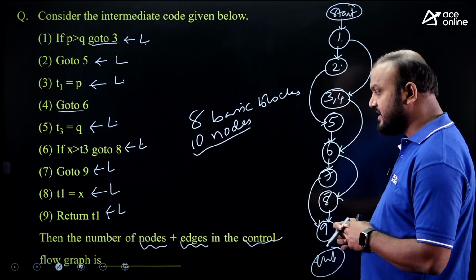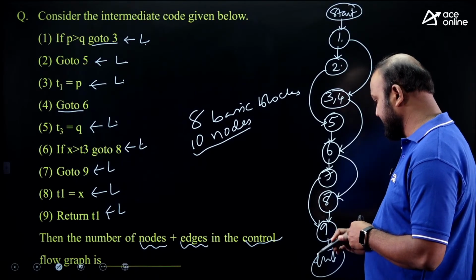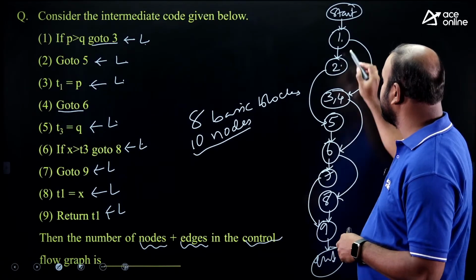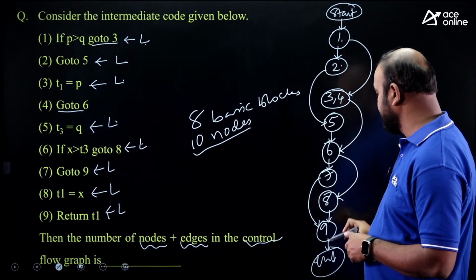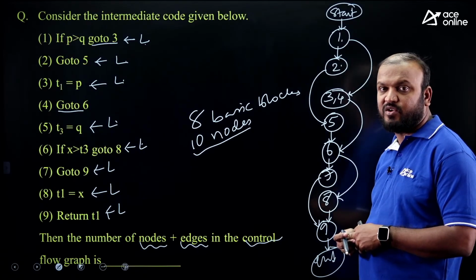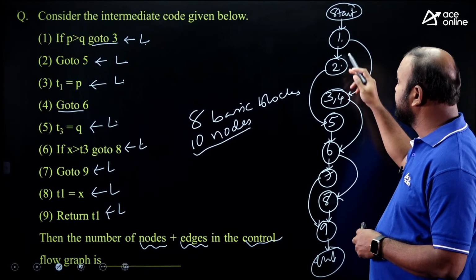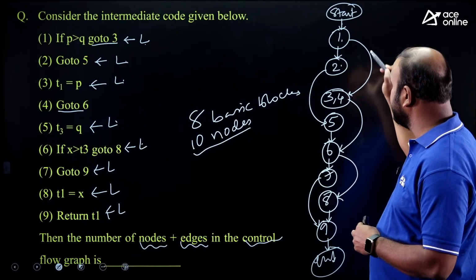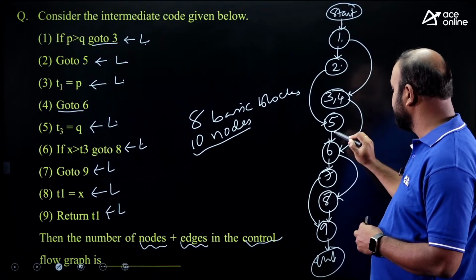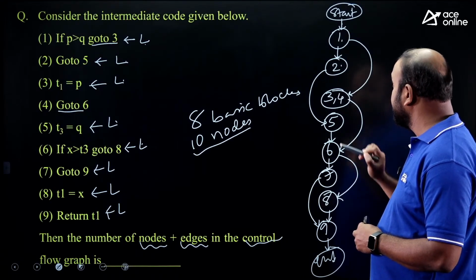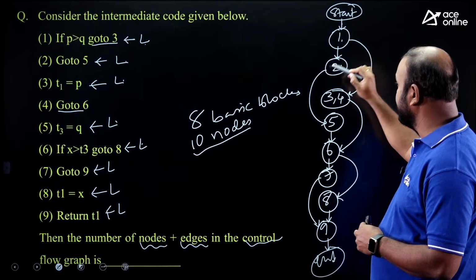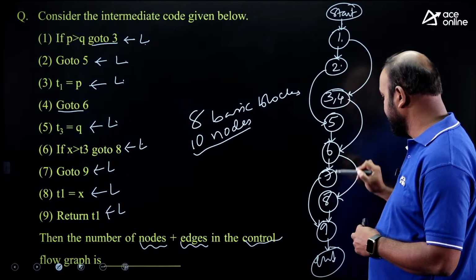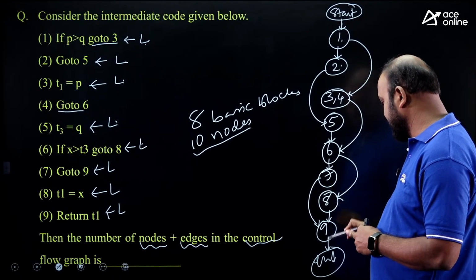From the ninth statement, return T1 means it returns T1 and exits the program. How many edges? The edge from start to the beginning and from the last node to end are not considered control flow paths, and will be considered as edges. See how many edges: 1, 2, 3, 4, 5, 6, 7, 8, 9, 10, 11.